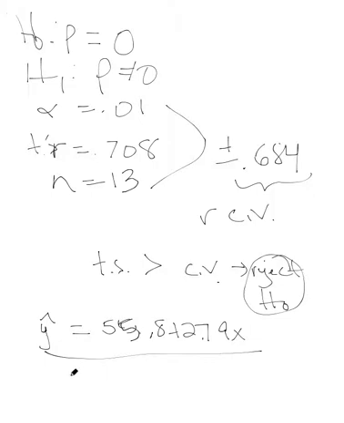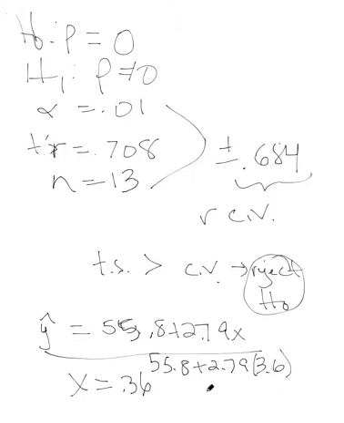If I'm asked what's the best predicted value of y if x equals 3.6, then I can plug it in and get 55.8 plus 2.79 times 3.6, and I got 65.844, which is answer C.